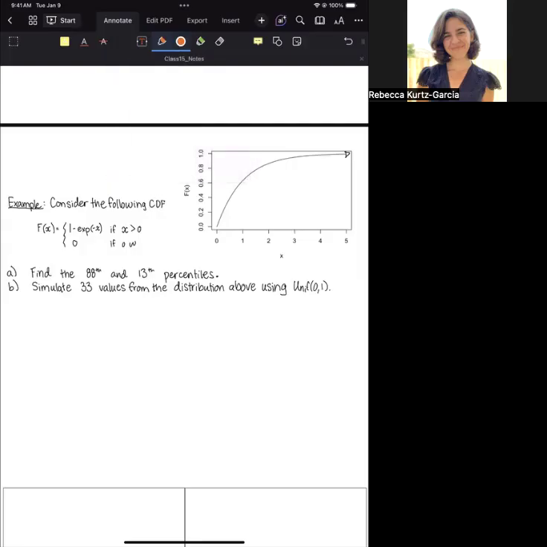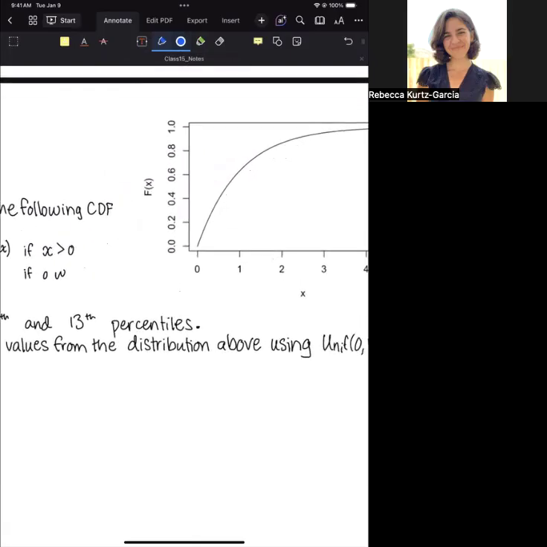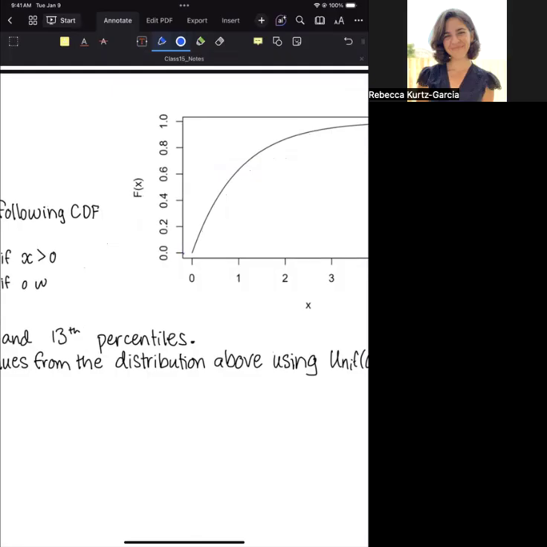Okay, so let's do the 88th first. With the 88th percentile, we want to find the value below which 88% of the observations lie. Remember, the CDF is the probability that X is less than or equal to little x. So it is the lower area probability with boundary value at little x.